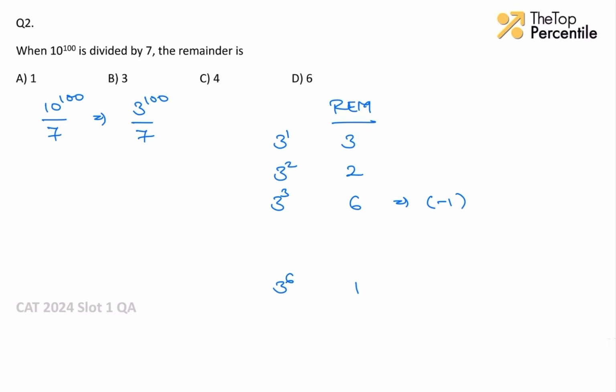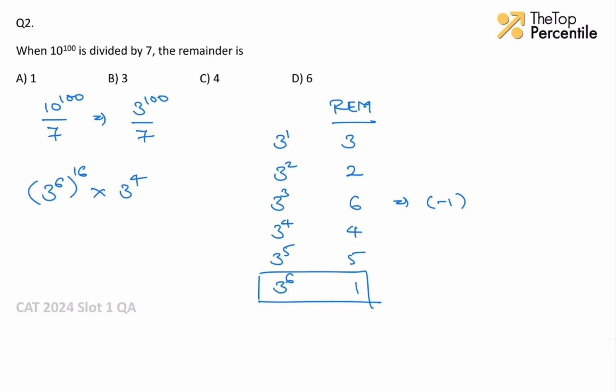But let's check this anyways. 3 to the power 4 will give me a remainder of 4. 3 to the power 5 will give me a remainder of 5. So we know that after 3 to the power 6, the cycle will repeat. So let's write 3 to the power 100 in the cycle of 6. This will be nothing but 3 to the power 6 raised to 16, into 3 to the power 4.